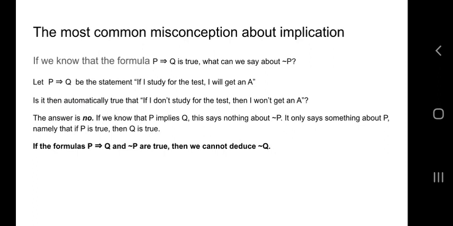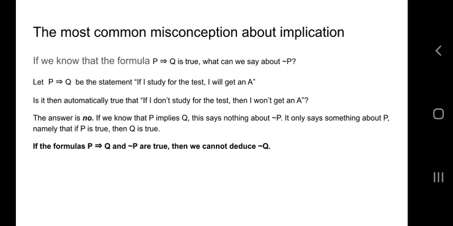What it says in the bold down there is, if the formulas P implies Q and not P are true, then we cannot deduce not Q. This statement that I'm making right now, that if the formulas P implies Q and not P are true, then we cannot deduce not Q, is actually correct because we can look at truth tables and confirm it that way.